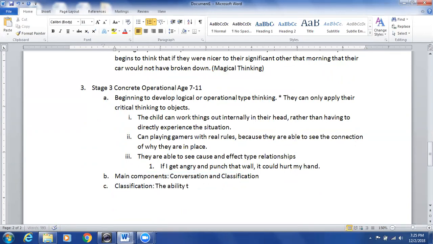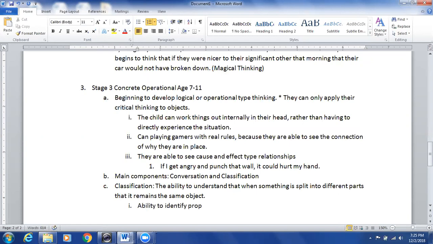So the ability to understand that when something is split into different parts, it remains the same object, which in another way is the ability to identify properties of categories rather than having to see it as a whole and then split.